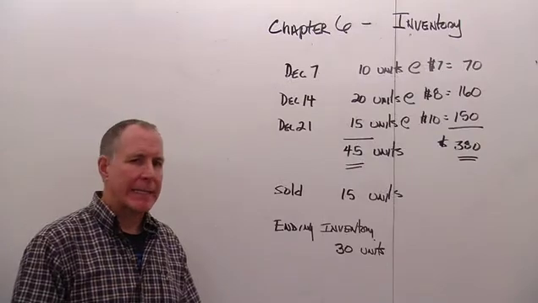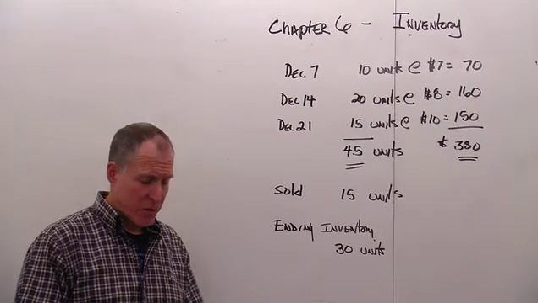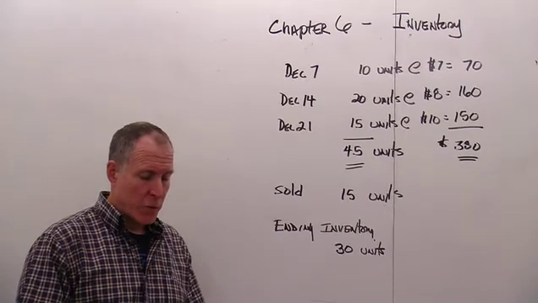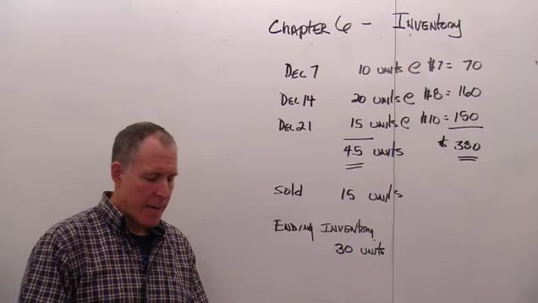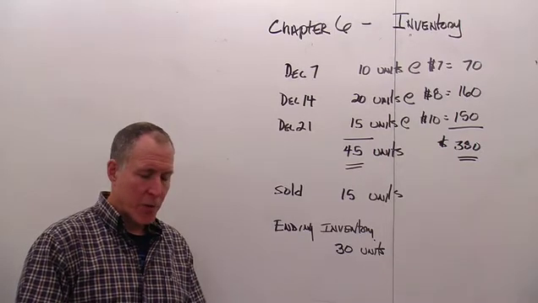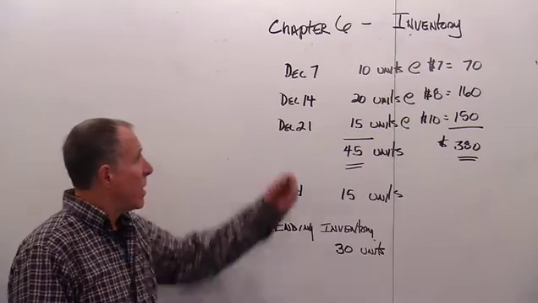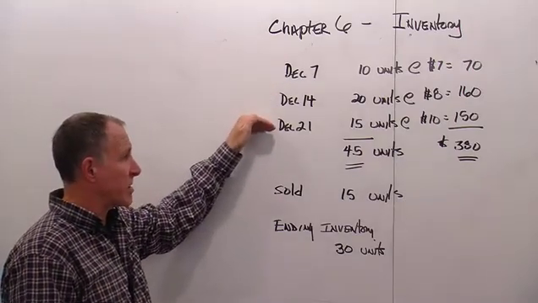Okay, we are back, and we are taking a look at the first inventory problem. You'll notice in looking at the facts in your handout, beginning inventory is 0. We have 3 purchases: one on the 7th, one on the 14th, one on the 21st.